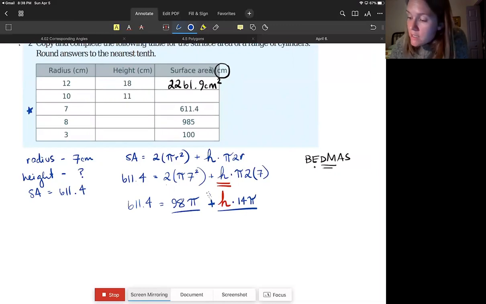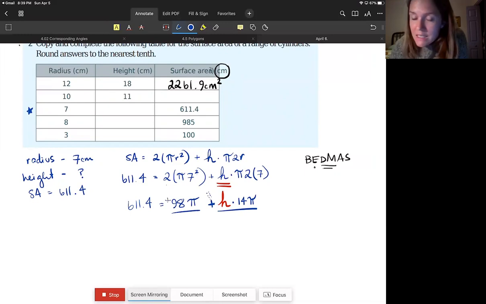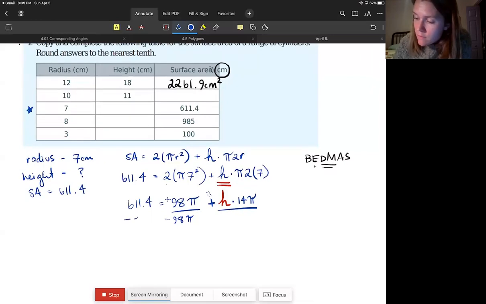I'm looking at the sign in front of the 98, and this is a positive 98. So I want to subtract 98 pi from both sides in order to get rid of it on the left side of my equation.